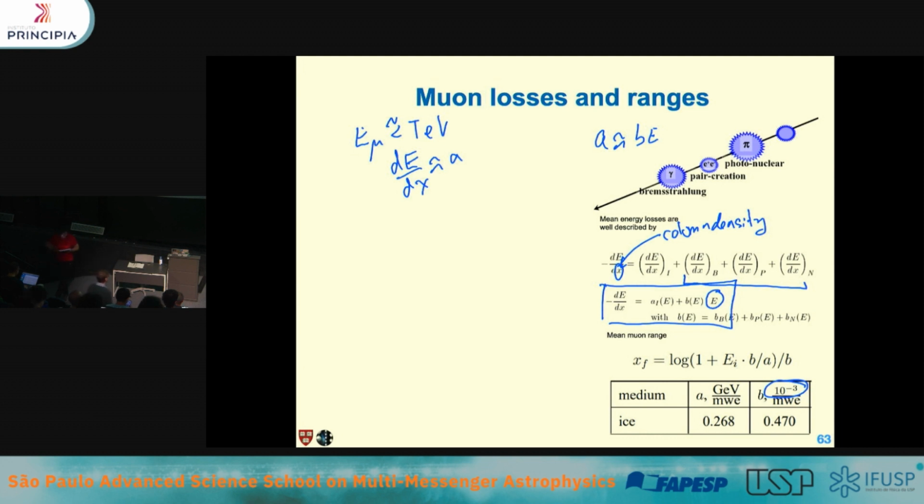You guys are too shy. The muon energy depends just linearly on the distance traversed.